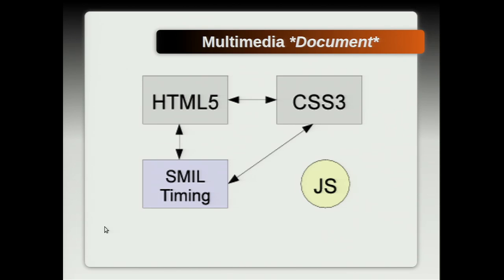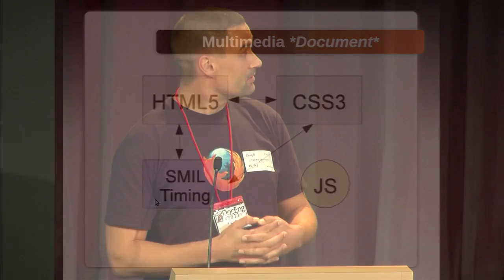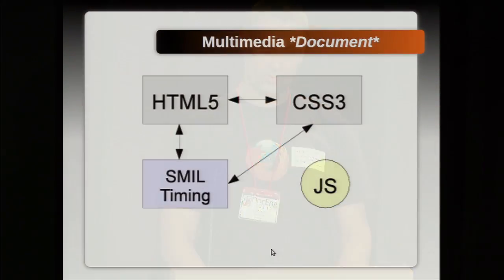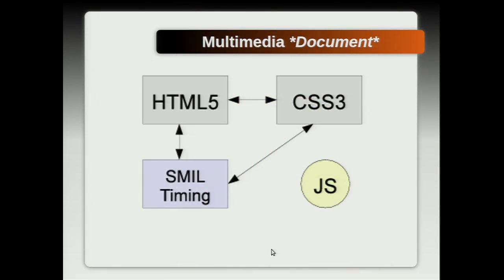All the scenario, all the timing, synchronization, and even handling is done in a document, SMIL timing, of course, which is interpreted by JavaScript, but it's a document. And you can still use JavaScript to enhance this document to make it more interactive or to be part of a bigger, more generic app.